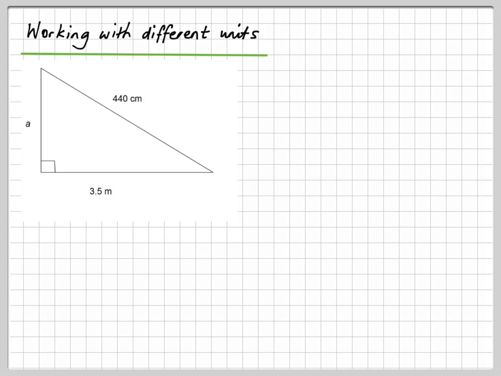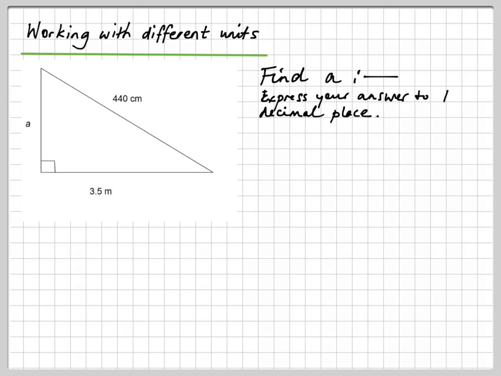Great. Now, let's see what else we can do today. We're working with different units. Now, this stuff is troublesome because you have to be very, very careful not to mix your units up. We've got a situation here where we can see we've got a right angle triangle and we're to find a and we're to express the answer to one decimal place.